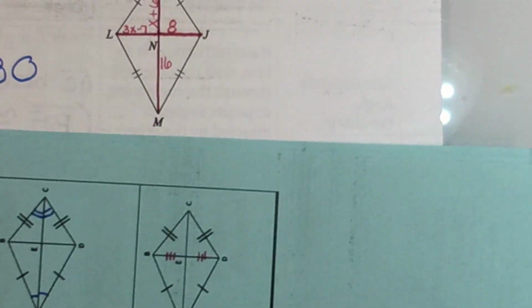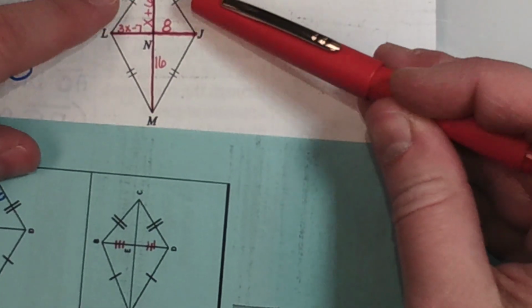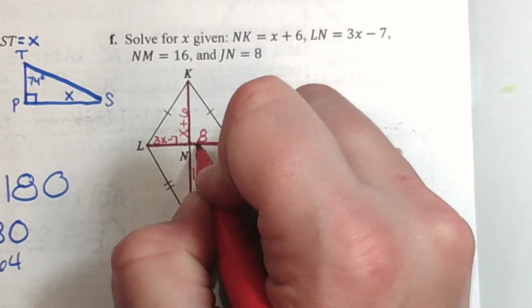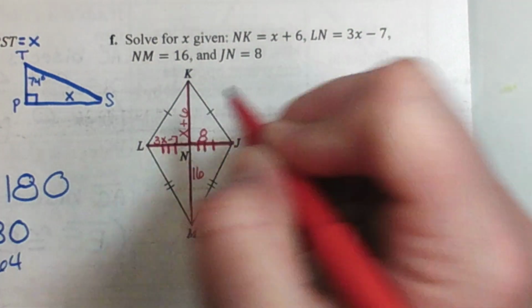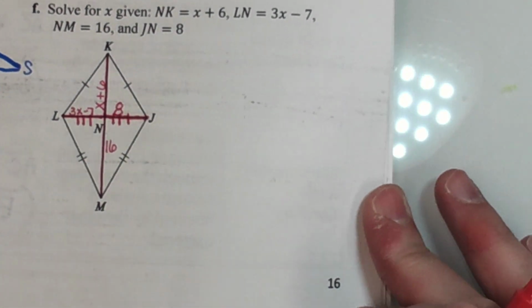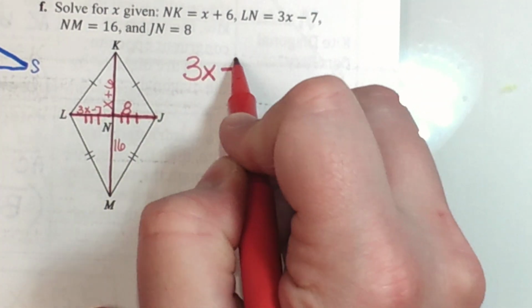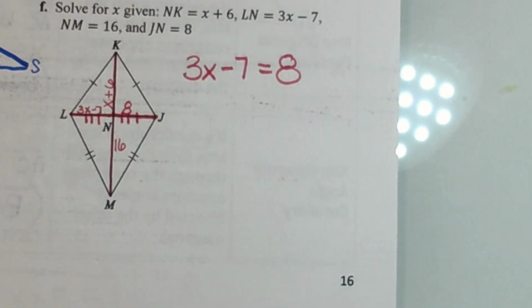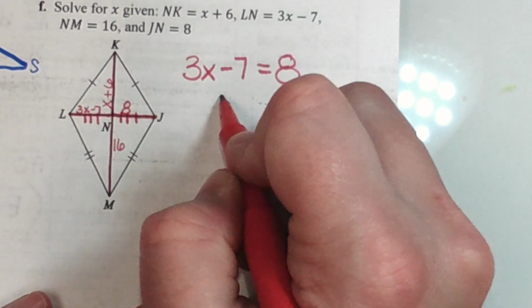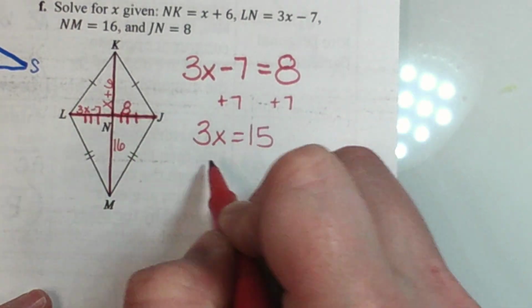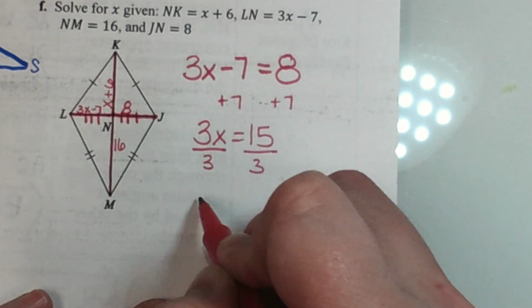And once I've spun it, 2 on top, 2 on bottom, these 2 diagonals are the congruent ones. So yes, Nate, you're 100% right. The 8 is congruent to the 3x minus 7, and congruent is just a fancy way of saying things are equal. 3x minus 7 is equal to 8. Add 7, 3x is 15. Divide by 3 and x is 5.